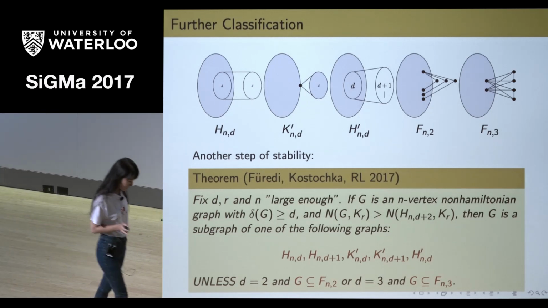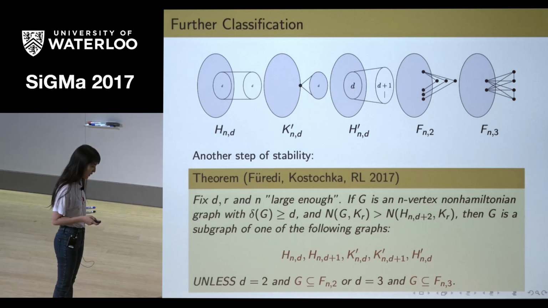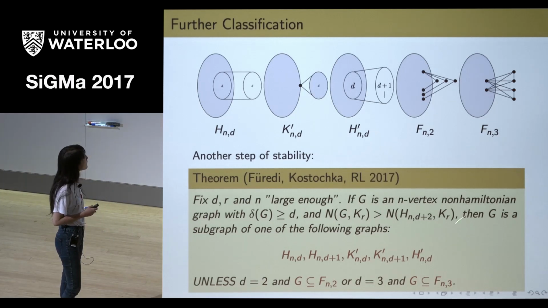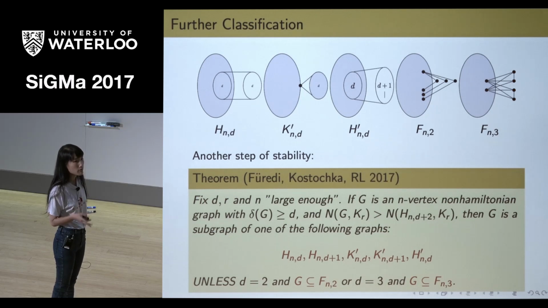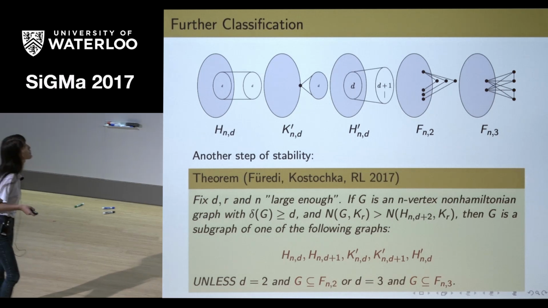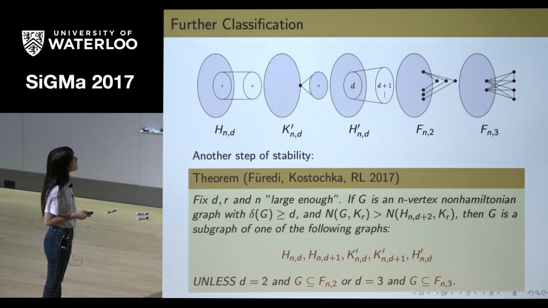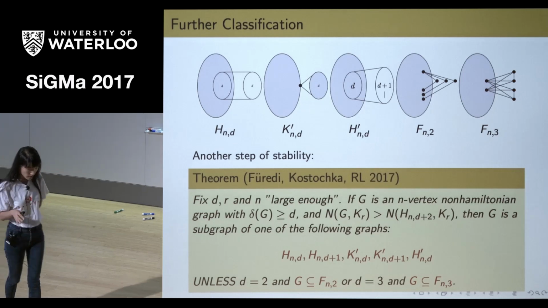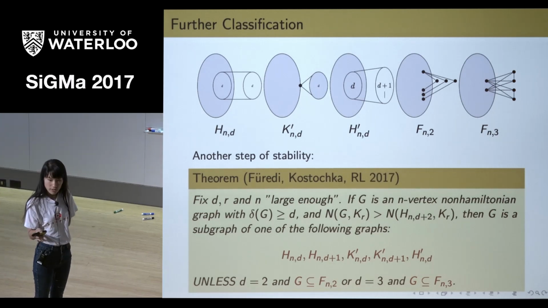Okay, so you can check that if I have a graph with at least this many cliques, or maybe it would be easier to just consider edges because it's easier to calculate the number of edges, I can actually write a polynomial time algorithm for each of these graphs to check if that graph is contained in them. Okay, so what this gives us is a polynomial time algorithm to check Hamiltonicity for very dense graphs.